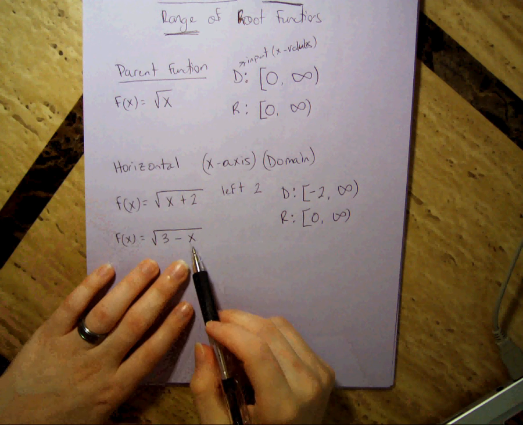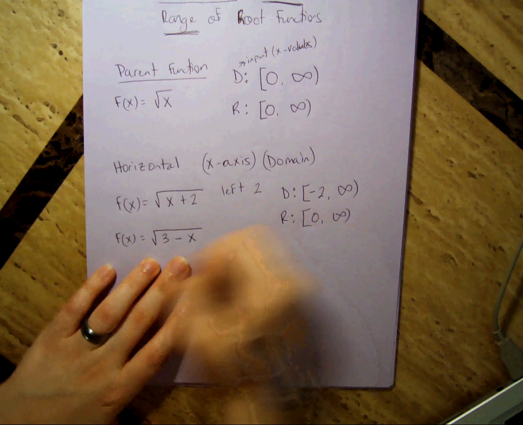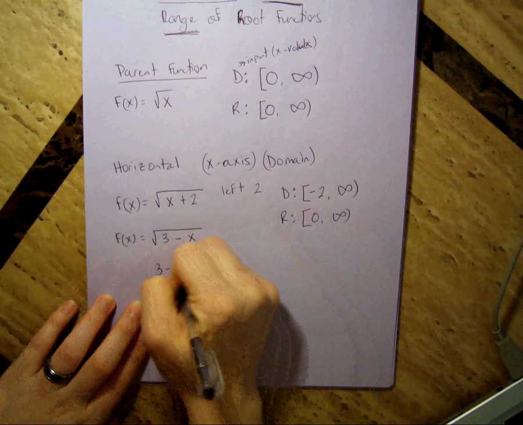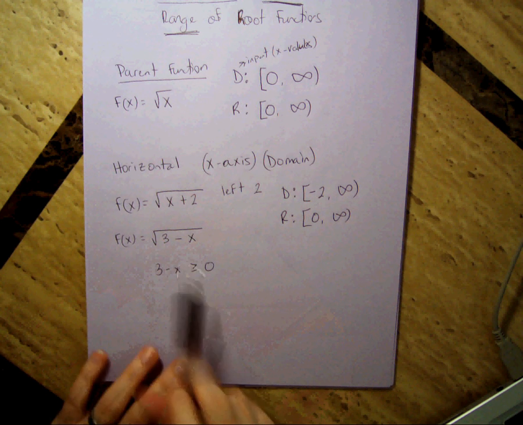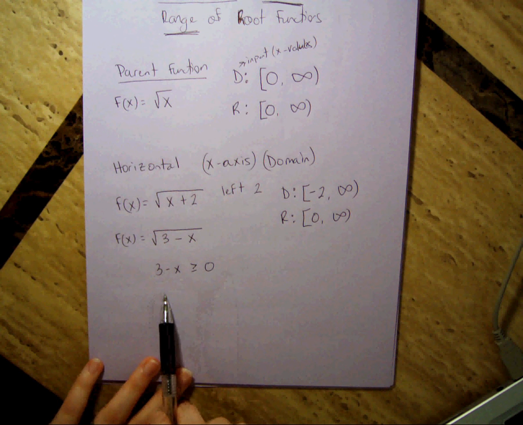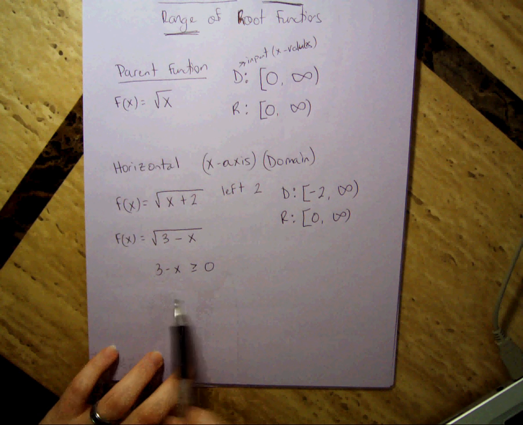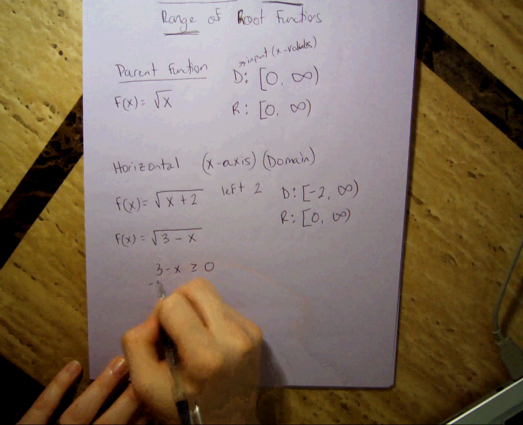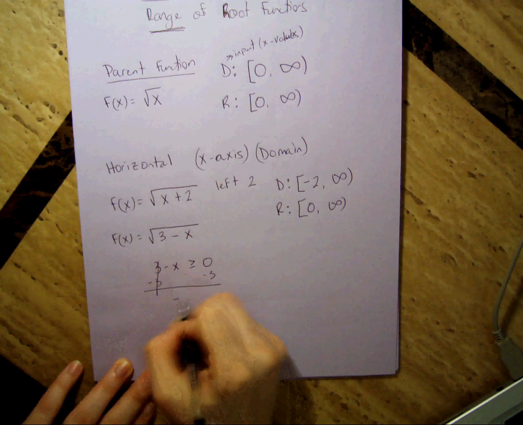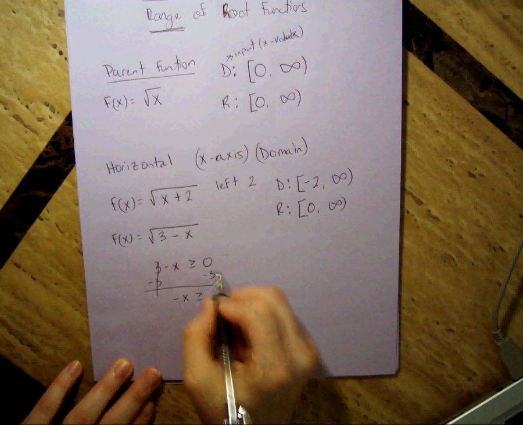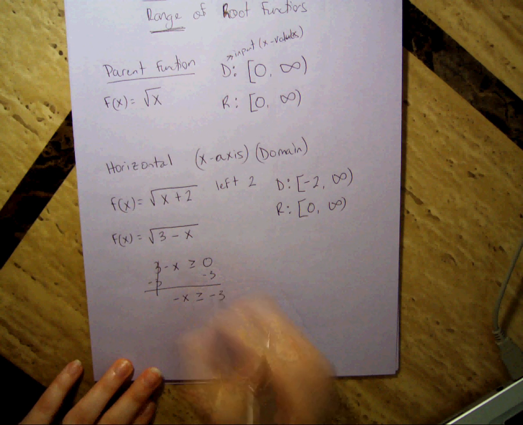Another way to do it is to actually say, okay, 3 minus x, I need that to be greater than or equal to 0. So what x values? We looked at how to solve this last semester, so this should be something that you know how to do. I'm going to subtract 3 from both sides. Cancels out. Don't forget this is negative x greater than or equal to 0 minus 3 is negative 3.